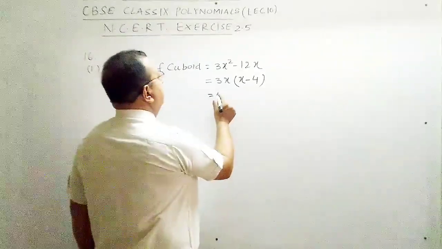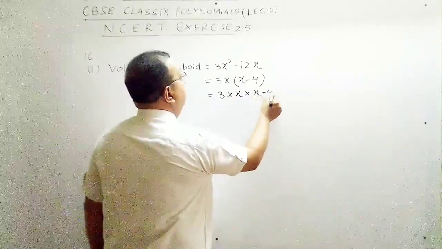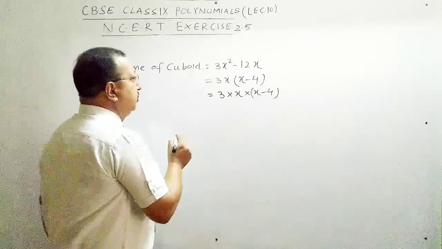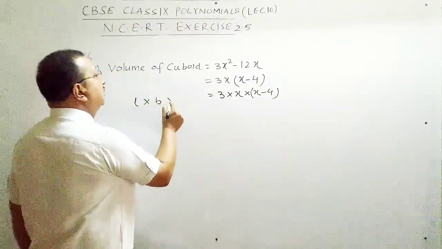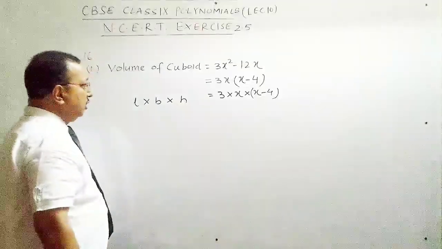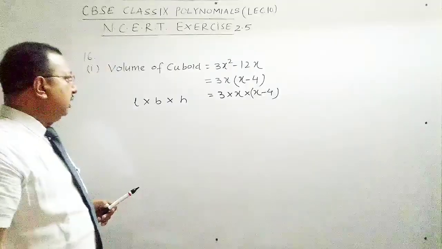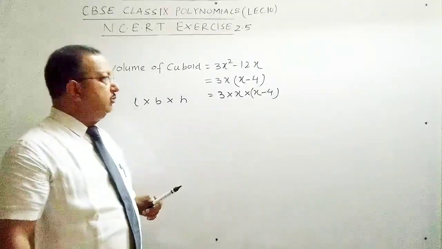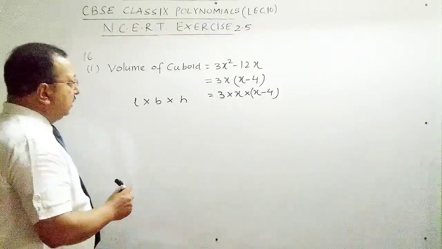You can write it as 3 into x into x minus 4. And you know that the volume of cuboid is length into breadth into height. So any one of these can be the length, any one can be the breadth, and any one can be the height of this cuboid.